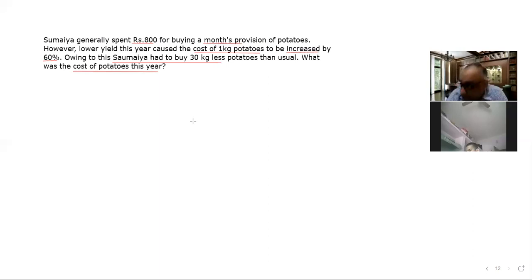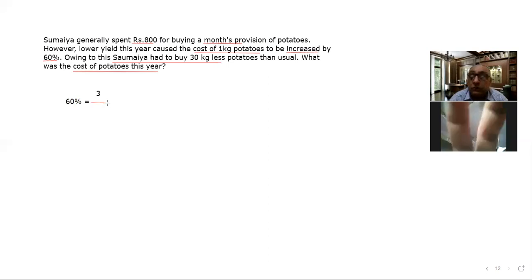Now, as I have told you earlier, please take into account that 60% is equal to 3 upon 5. Everybody knows it.